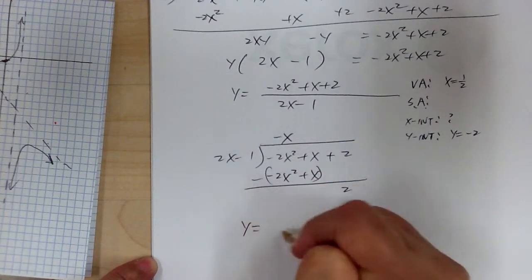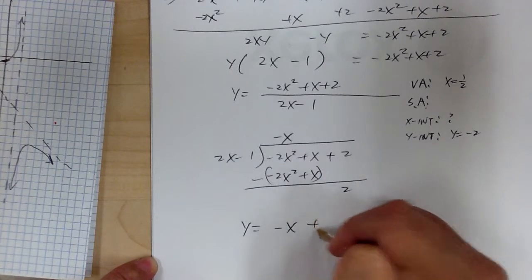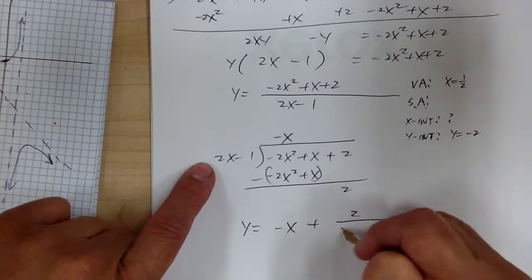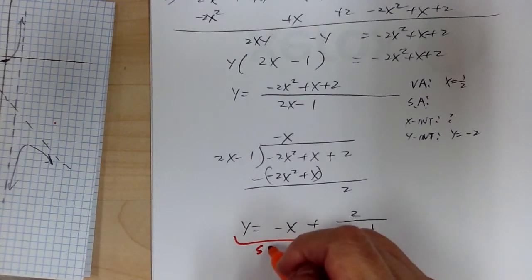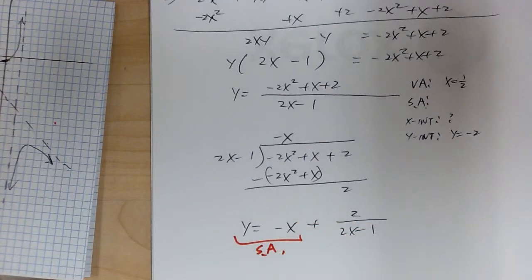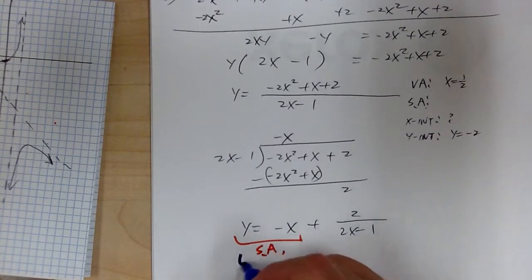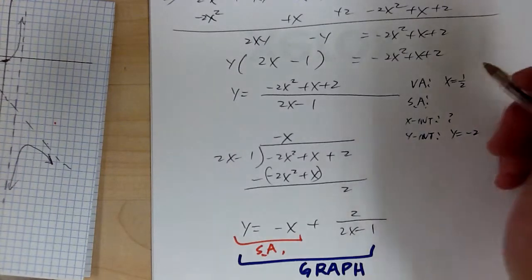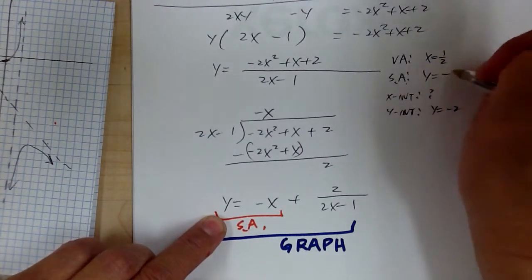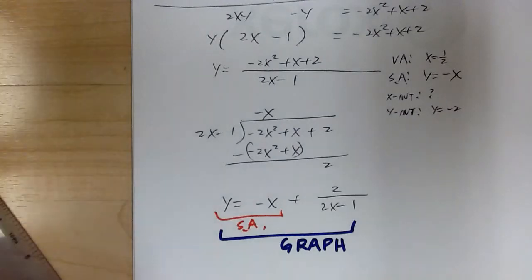So you've got y equal to negative x plus 2 over 2x minus 1. Here's your slant asymptote, and this is your graph. So y equal to negative x is your slant asymptote.